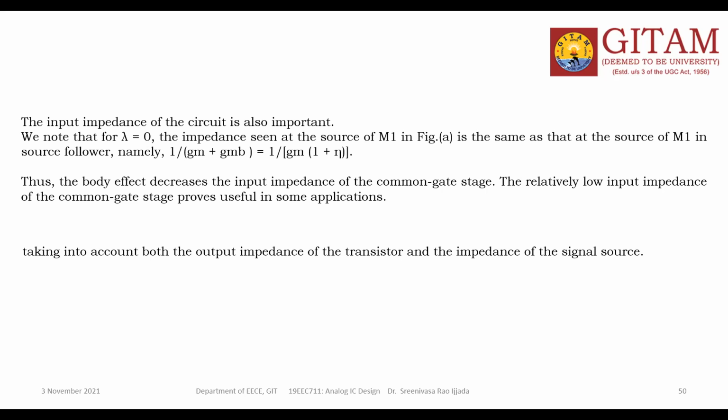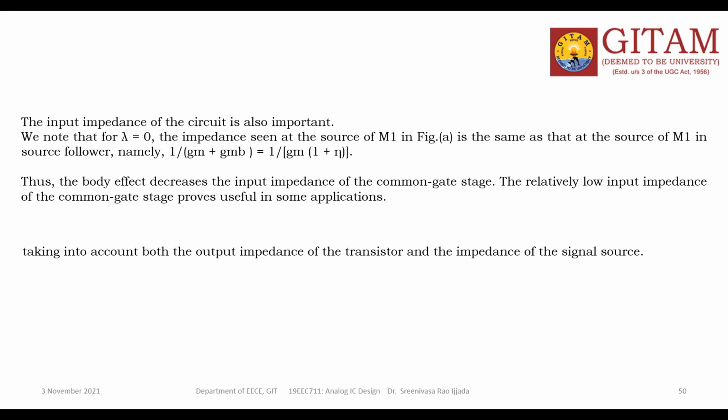But now I am talking about the input impedance with the source resistance. Whatever earlier input resistance, 1 by gm plus gmb, we calculated for the common source, it is not the source resistance.